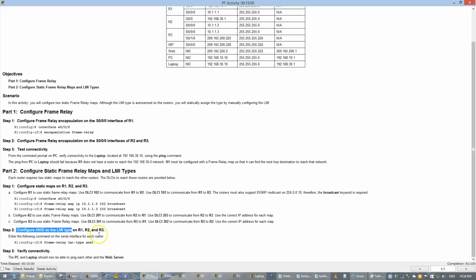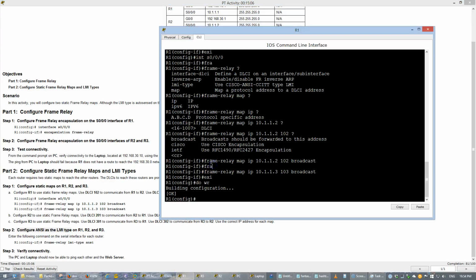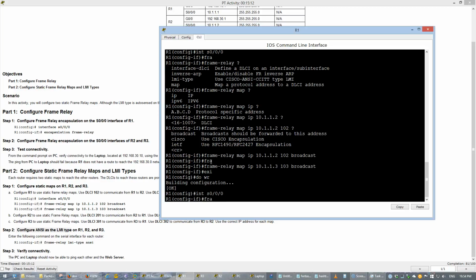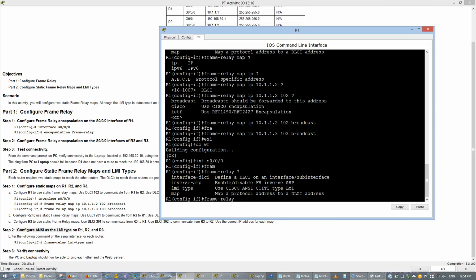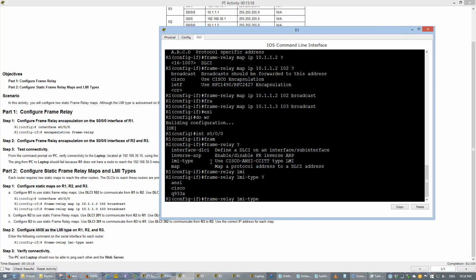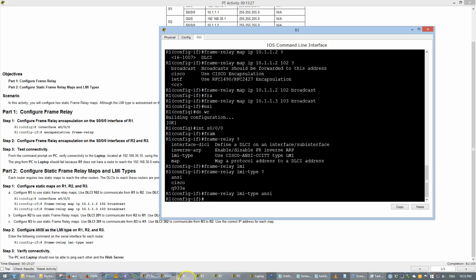Now we're going to change the local management interface type. Options are ANSI, Cisco, Q933A. We're going to use ANSI on all three.